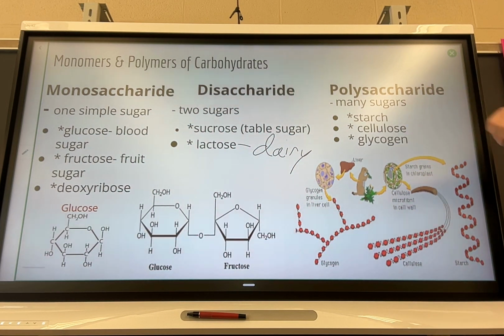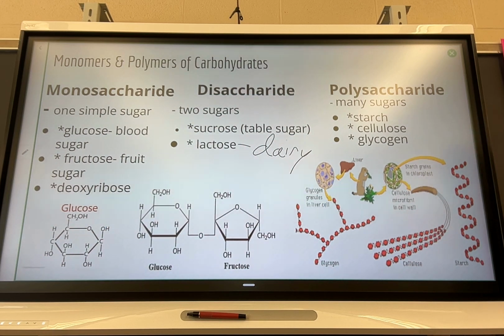So poly means many sugars. A couple examples of those, we have starch, you commonly find in potatoes. Starch is a good energy storage unit for plants. In animals, we find it in glycogen. Glycogen is our short-term energy storage in our bodies. We usually find it in our muscles and throughout our bodies.